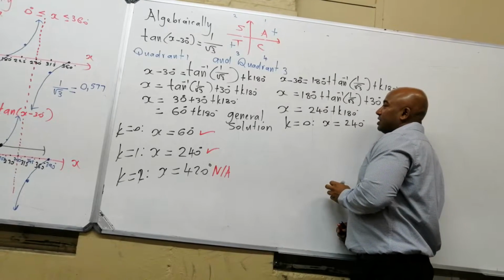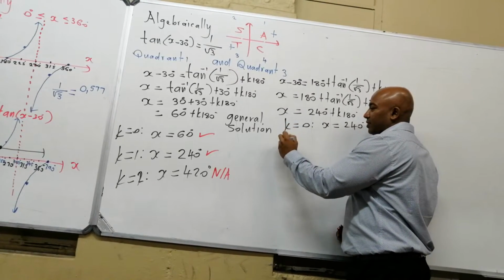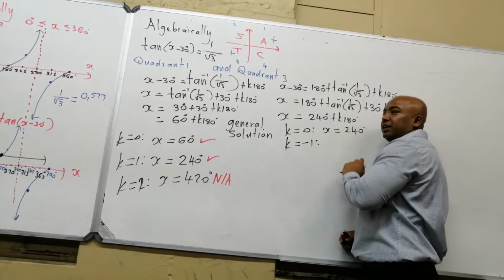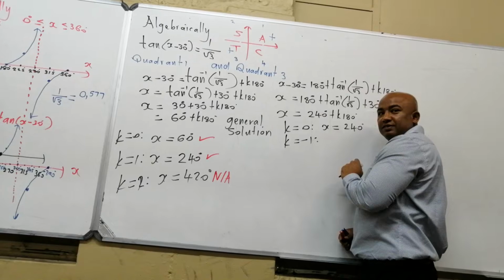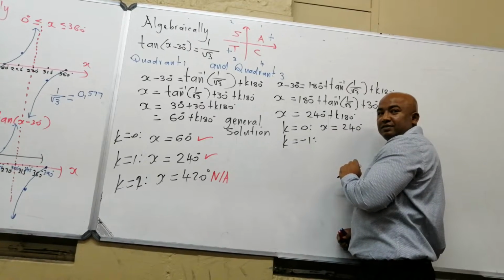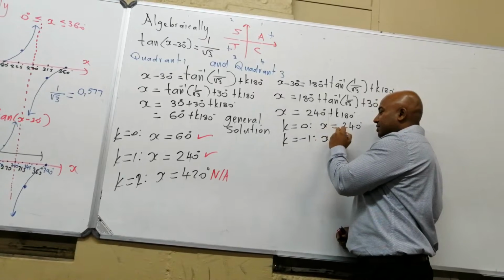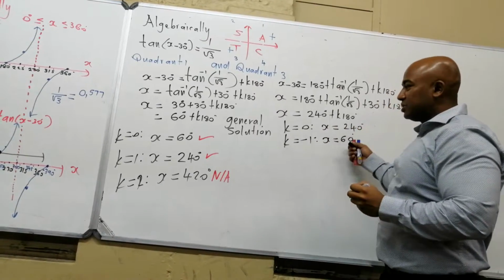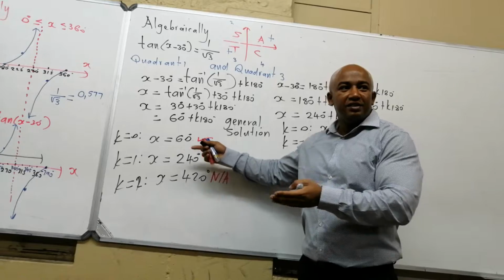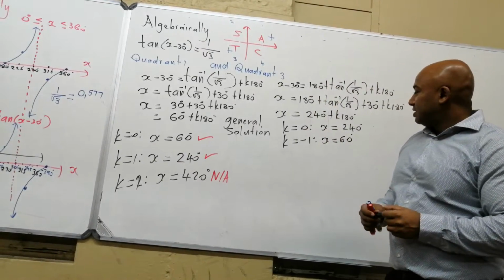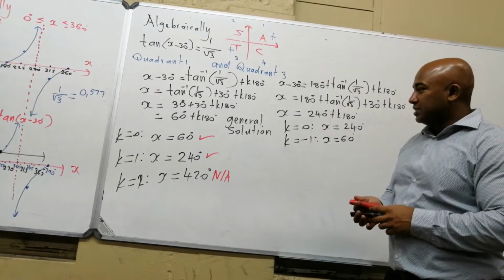Okay. If I put k equal to minus 1, what will I get now? If I put minus 1, 60 degrees. So x is equal to 60. Can you see that these two solutions are already worked out here? Because of the plus k 180, you actually don't have to do it twice.